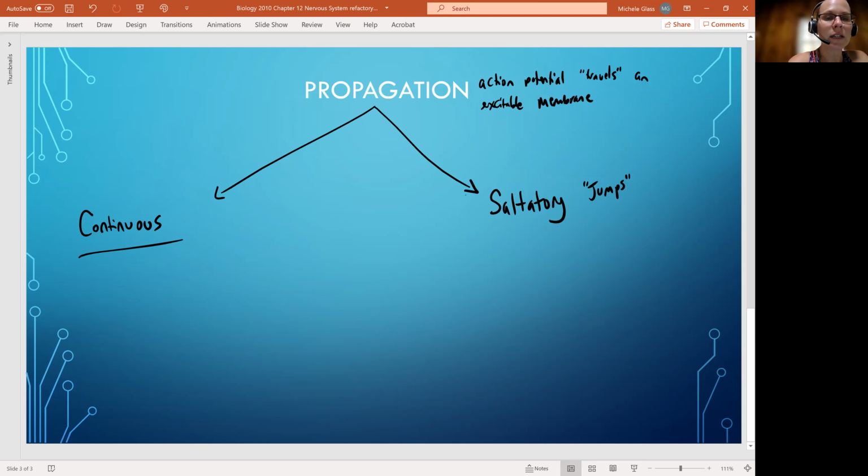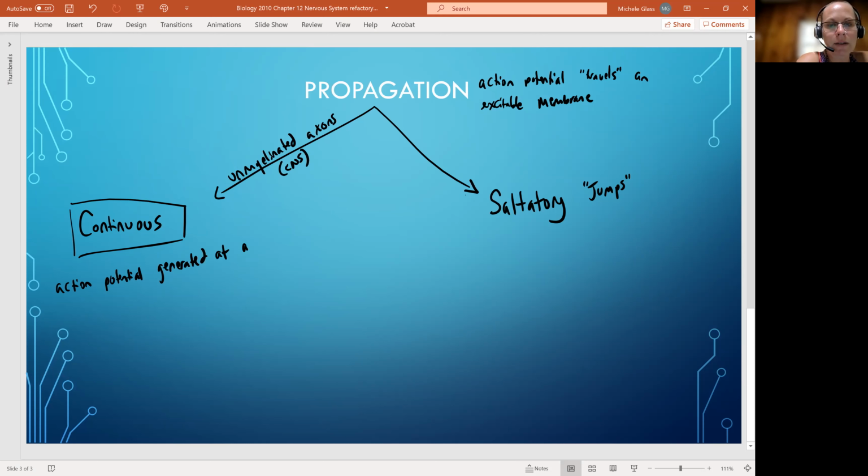In the case of the continuous propagation, this is happening on unmyelinated axons. So we're going to see this primarily in the central nervous system, where those neurons, I should say, are clustered together in real close proximity in the brain. And so in the case of the continuous propagation, what we see is we get the action potential generated at the axon hillock.